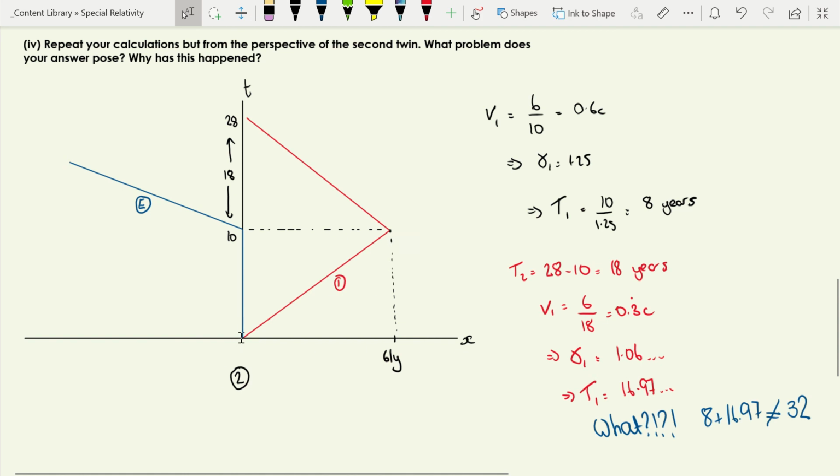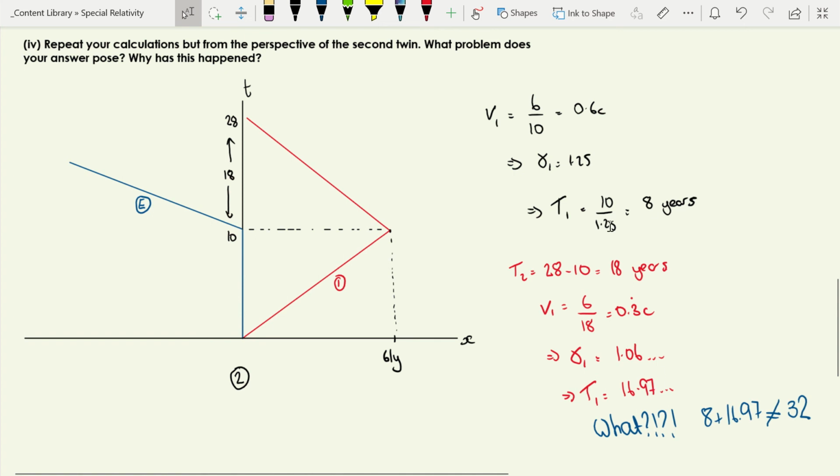Why? Because they were traveling at 60% the speed of light for 10 years from Captain 2's perspective. So we can do the 6 light years divided by the time in years, which gives us a speed of 1/3 of the speed of light. We can then calculate the gamma factor for that, which allows us to work out the time that passes for Captain 1 from Captain 2's perspective.